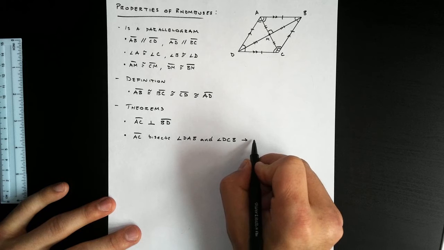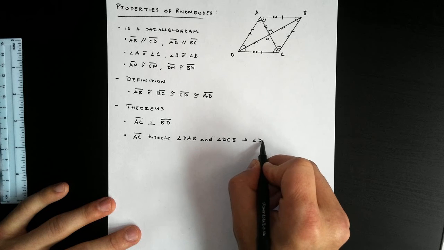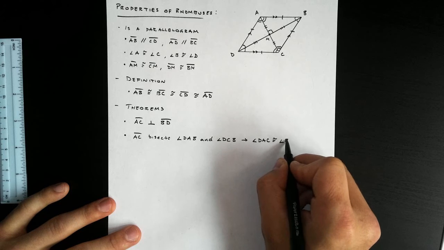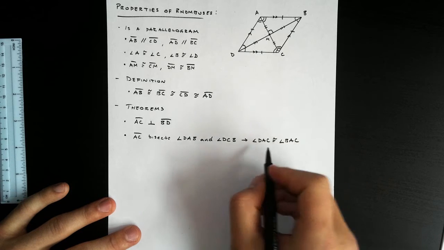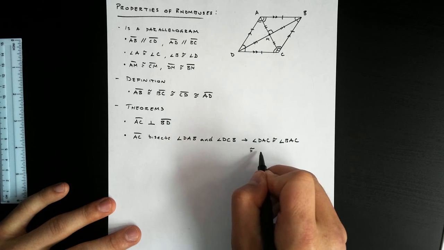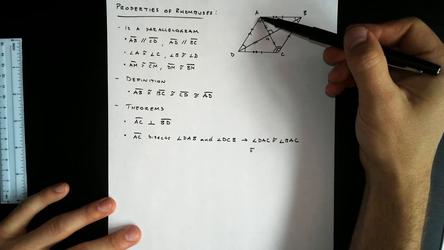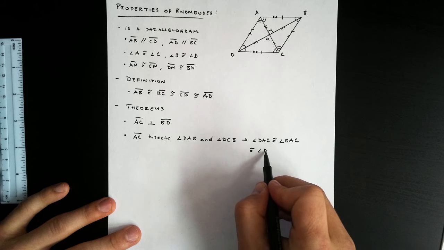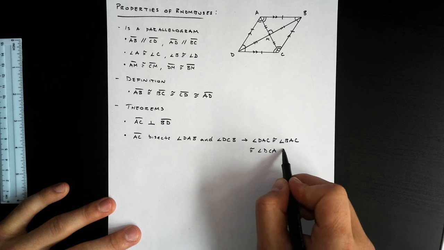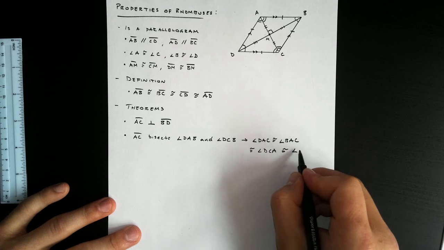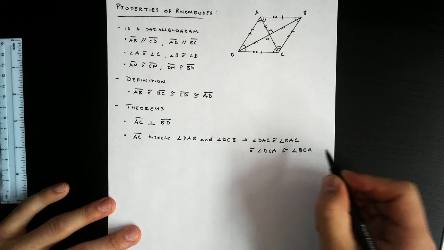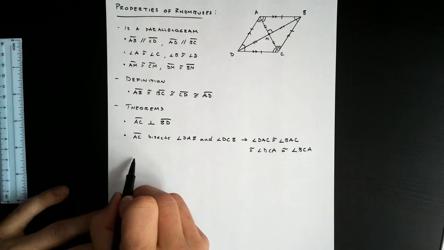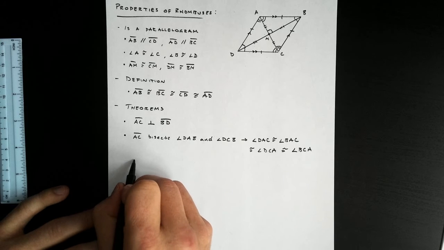So that means angle DAC is congruent to angle BAC, and those are congruent to angle DCA and angle BCA. So those four angles. And the same thing for our other diagonal.